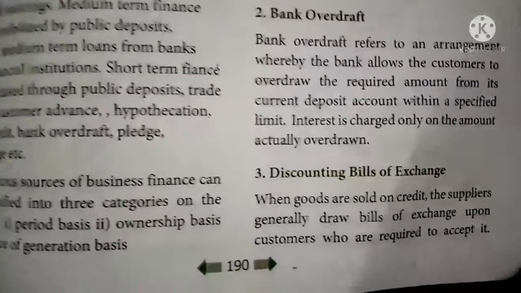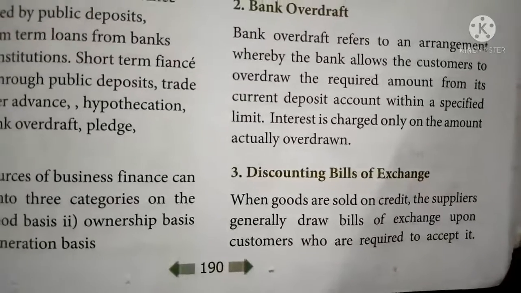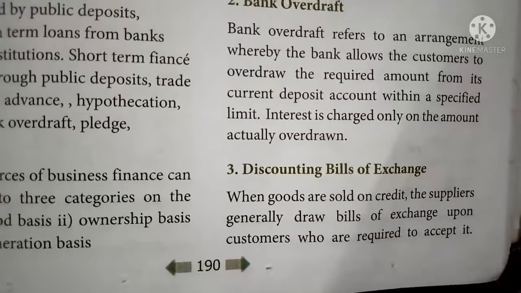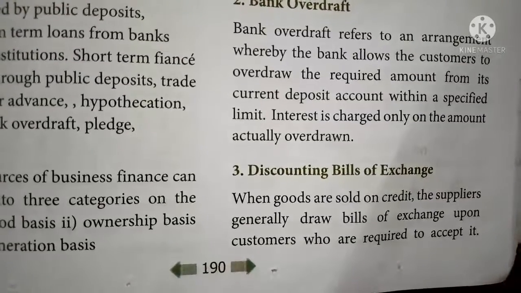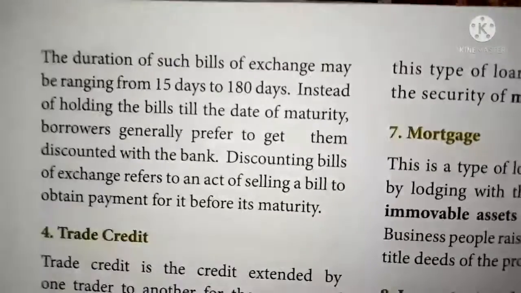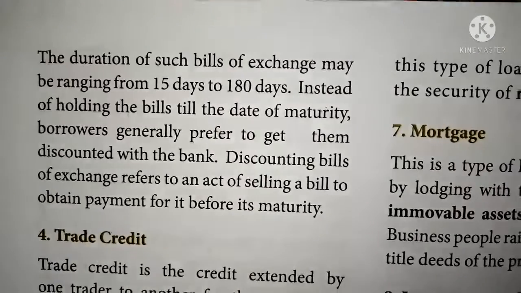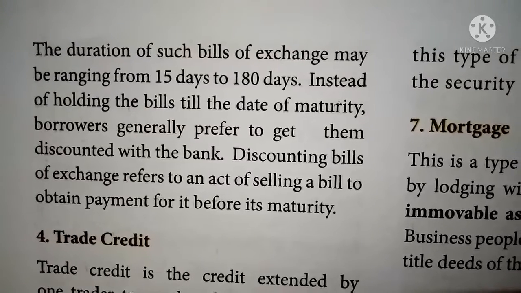Next, discounting of bills. When goods are sold on credit, the supplier generally draws a bill of exchange upon the customer, who is required to accept it. The duration of such bills of exchange may range from 15 days to 180 days.